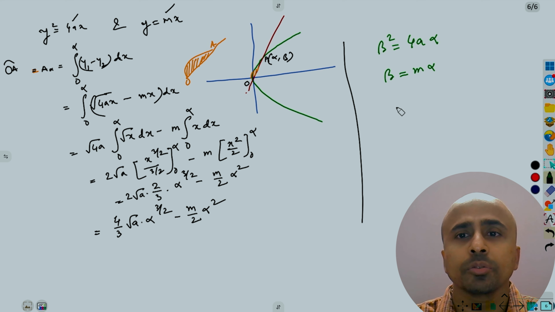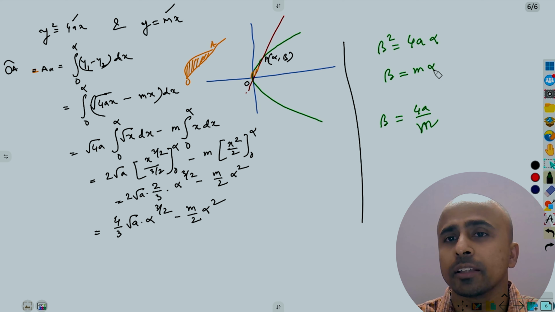If we divide these, we obtain beta equals 4a by m, because alpha and one beta get cancelled out. So we know the value of beta.